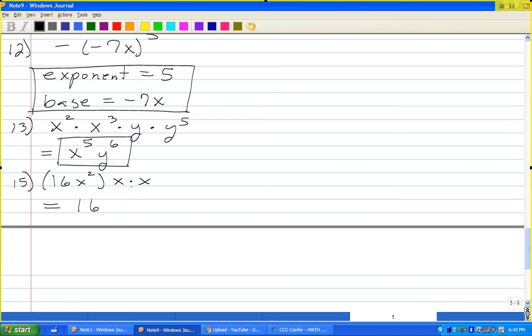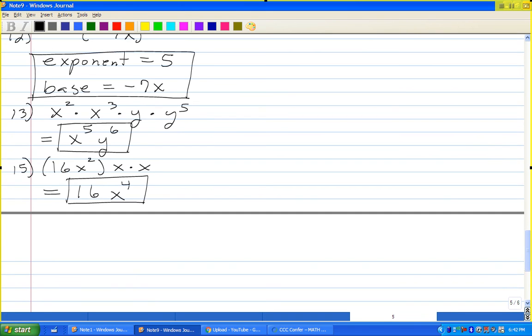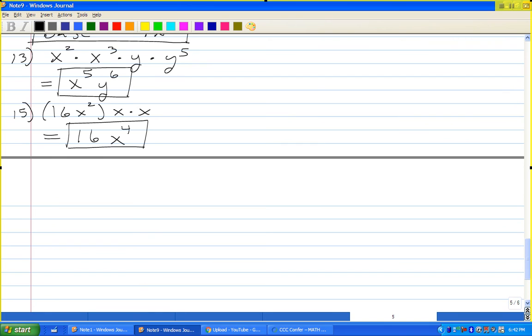Well, I have the same base x, so I add exponents. x is the same as x to the first, and so I have x squared times x to the first times x to the first. Same base x, add exponents. 2 plus 1 plus 1, 4. And so this is equal to 16x to the power 4. Let me do problem number 17.